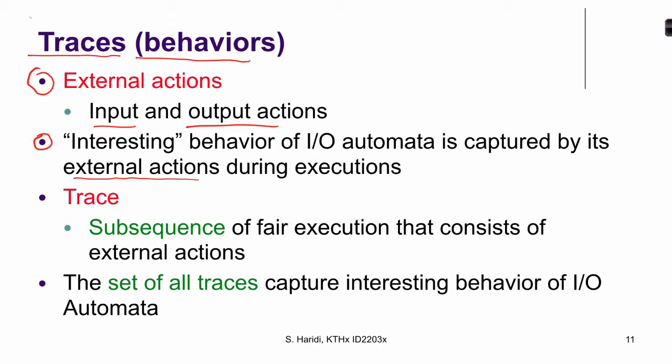The sequence of external actions we call a trace. So a trace is a subsequence of a fair execution consisting only of the external actions. In fact, set theoretically, the set of all traces will capture the interesting behavior of an IO automaton. So the behavior of this black box is captured by all possible traces it can produce.